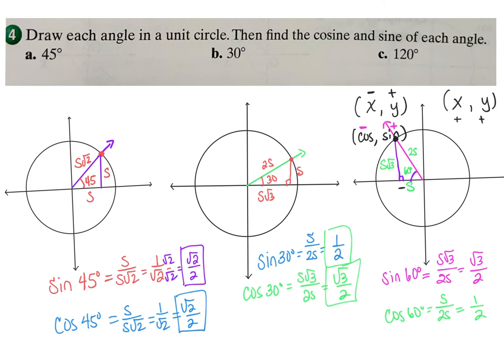So my cosine for this guy is negative 1/2, and my sine is positive square root of 3 over 2. So even though the absolute value of them was the same as a 60 degree, which is how it will always be, where it falls in your coordinate plane matters for positives and negatives, okay? So sine is positive square root of 3 over 2, cosine is negative 1/2 there.